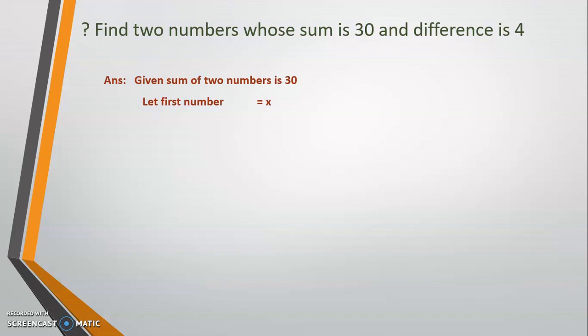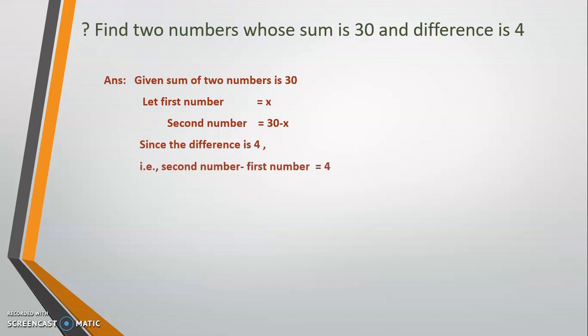If we let the first number be x, then the second number should be 30 minus x. And it is also given that the difference is 4. That means second number minus first number equals 4. Here the second number is 30 minus x and the first number is x. 30 minus x minus x is 30 minus 2x, that is 30 minus 2x is 4.